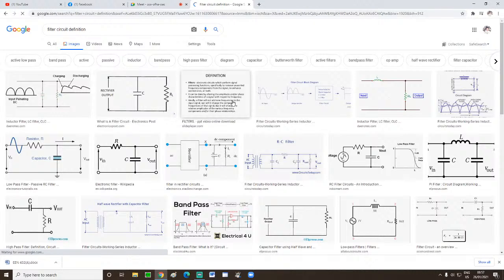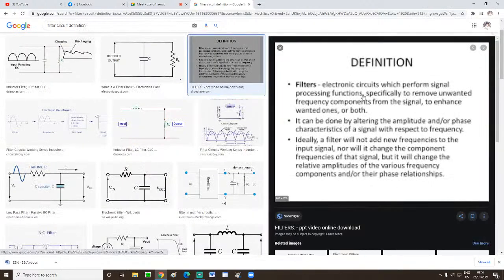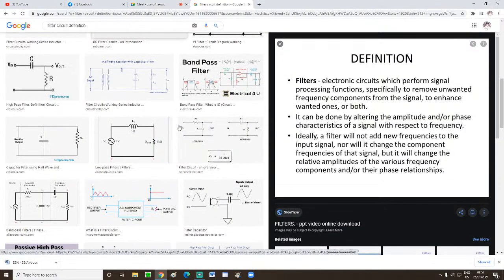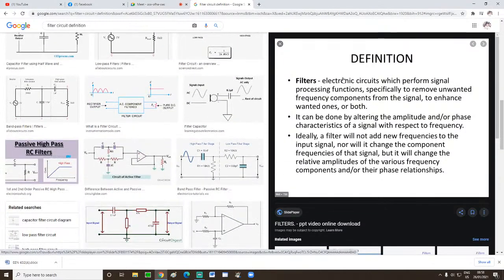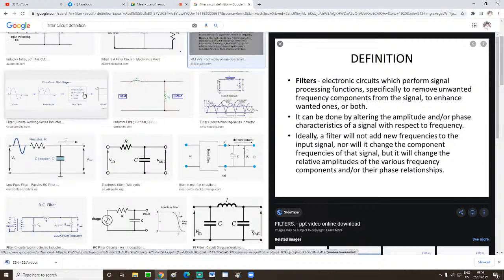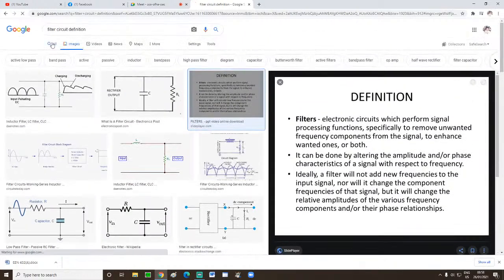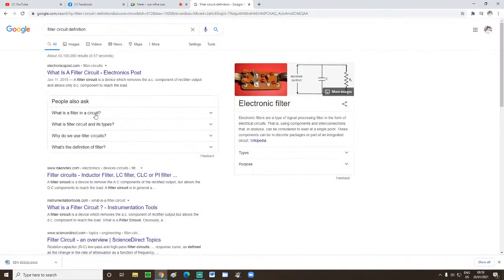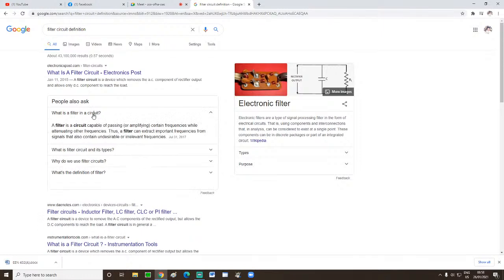Sir, a filter circuit is a circuit that removes the DC current and allows the AC current. So you are telling that it removes the DC and allows the AC current. It removes the noise. Okay.